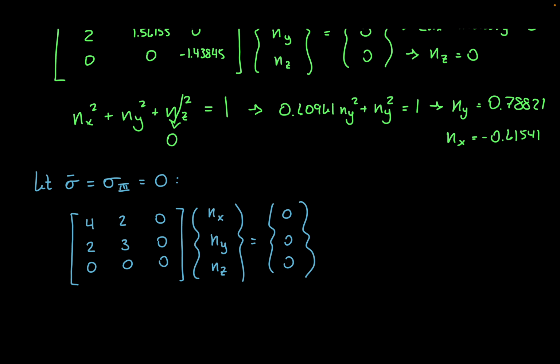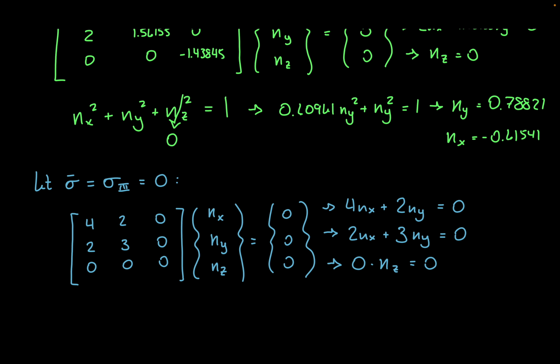So now what we can say is this bottom one, so we'll have 0 times nz equal to 0, and then we'll have 4 times nx plus 2 times ny is equal to 0. But then we'll also have that 2nx plus 3ny is equal to 0.